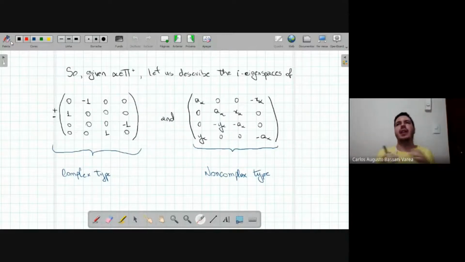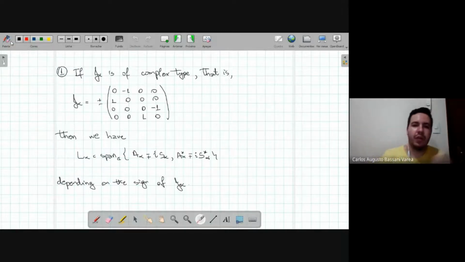As I said, the integrability depends on the eigenspace of the generalized complex structure. Each block of our generalized complex structure is either of complex type or non-complex type.